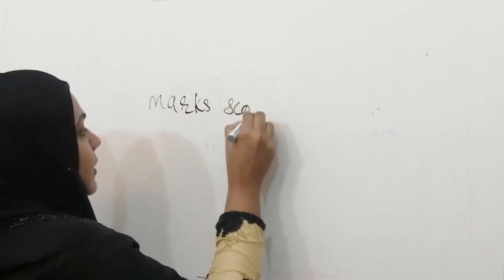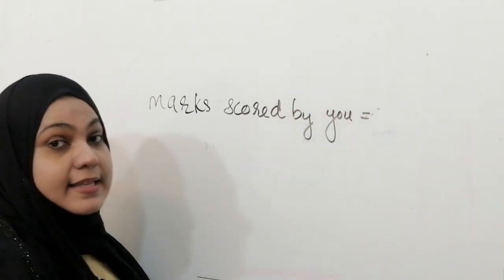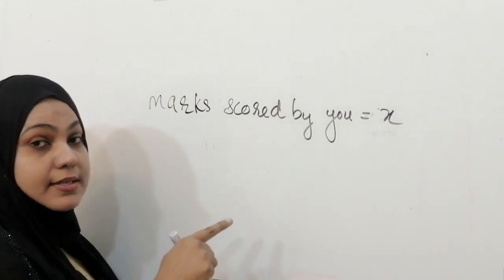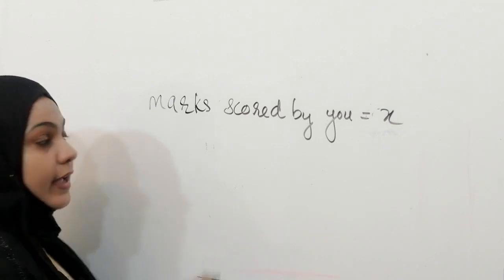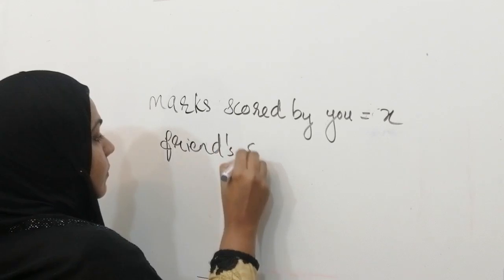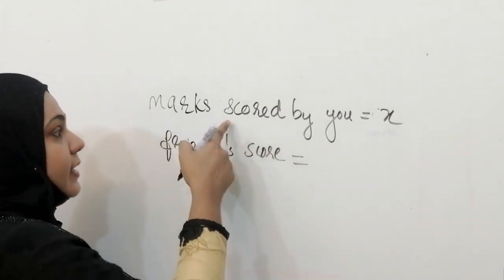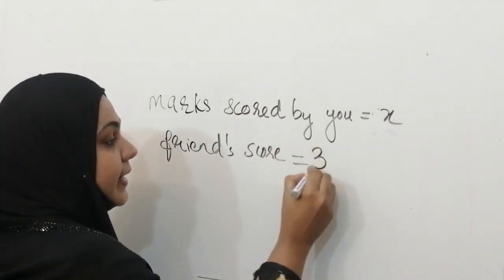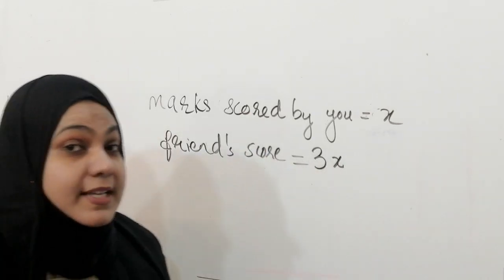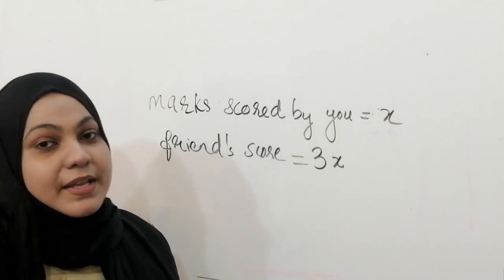Marks scored by you, we can take it as X. Your friend scored thrice the marks you have, that means 3 times your marks. So 3 into X. From this you can understand that all these situations we can express by using algebraic expressions.